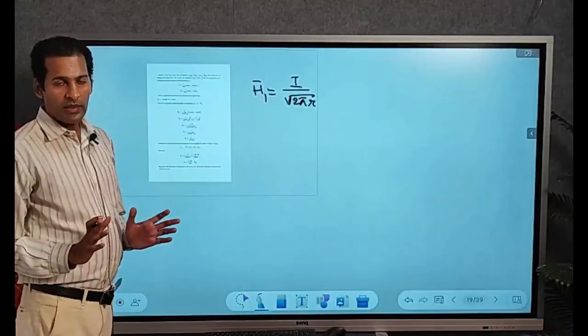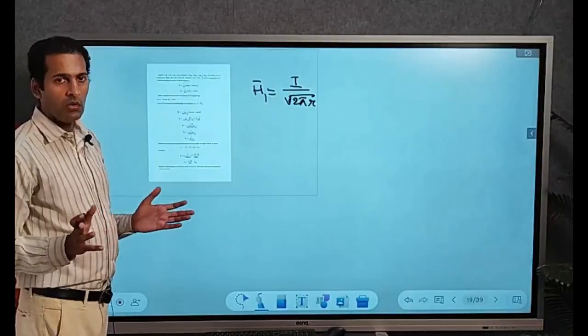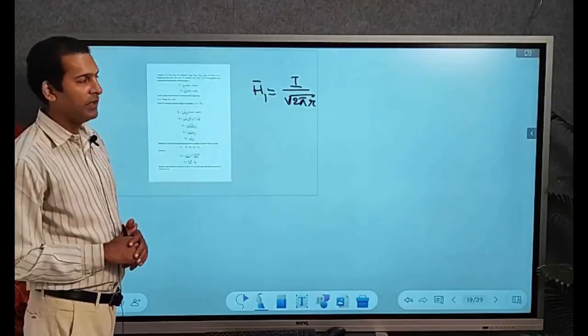Now all the sides have the same distance and the same current, so all of them will apply the same amount of magnetic field intensity.